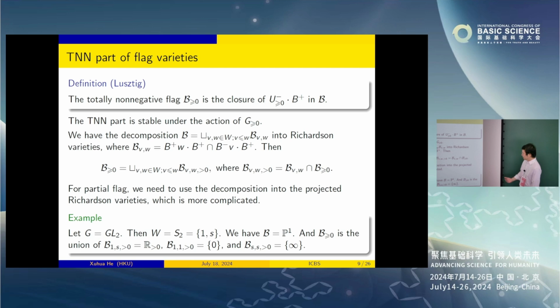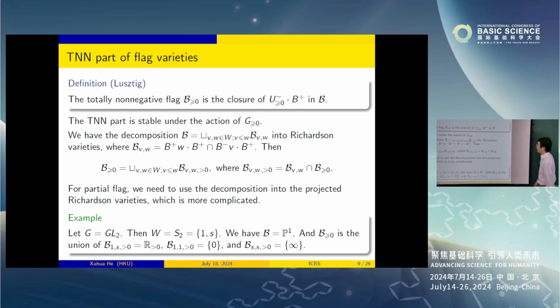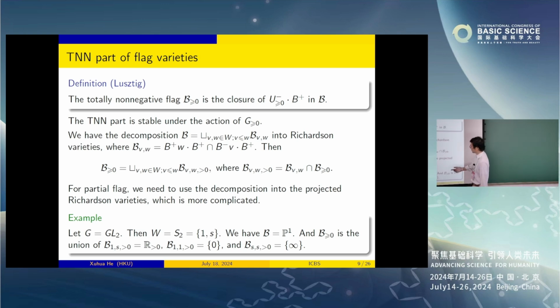Here the index set has B_{1,s}, which is the positive numbers, B_{1,1}, which is 0, and B_{s,s}, which is infinity. And you can see that the closure of this one contains these two, and we can also see this from the index.